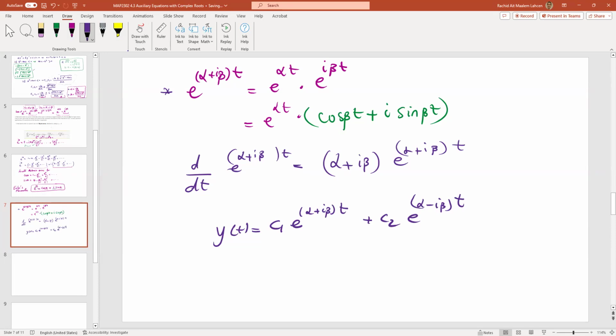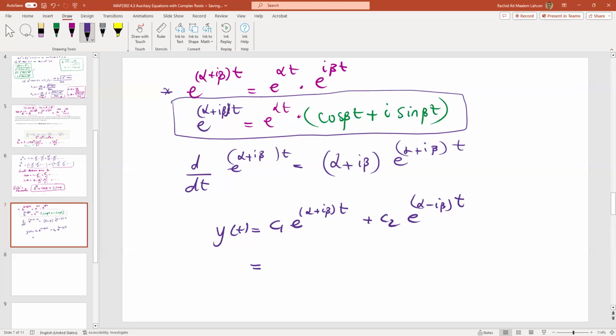All right, so now let's replace, there it is. So you see, it looks long, but now understanding where it came from, it's not a big deal.